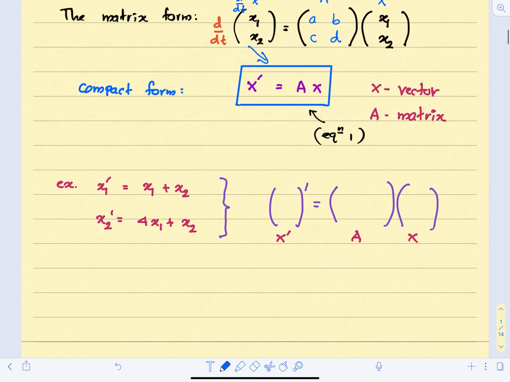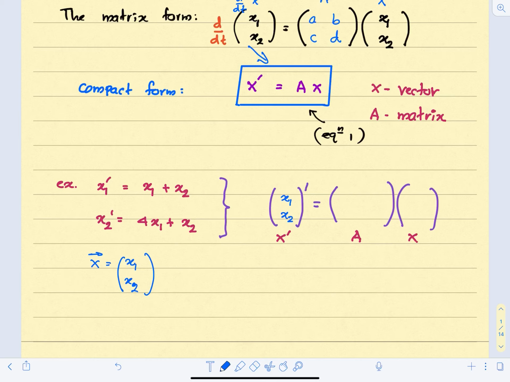As an example, let's say our vector x contains two elements x1 and x2. Then x prime is the vector x1 x2 prime.